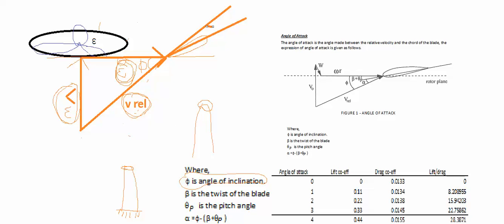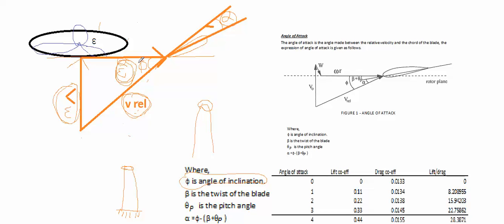So let's write it down. That angle is called the angle of attack and we represent it by alpha. Just imagine, this alpha is purely dependent on the angle of inclination, which we call phi.